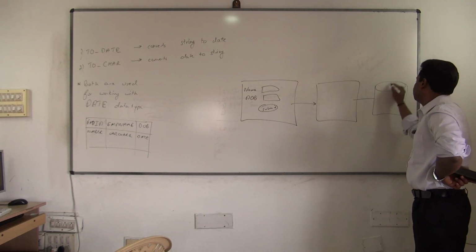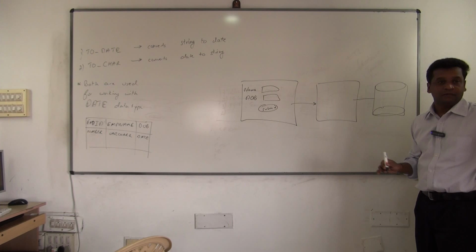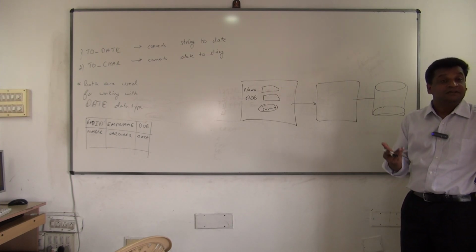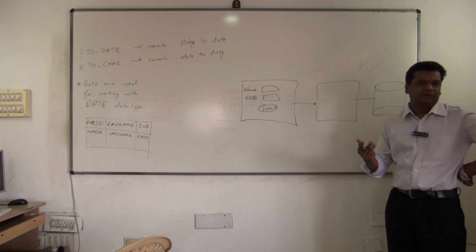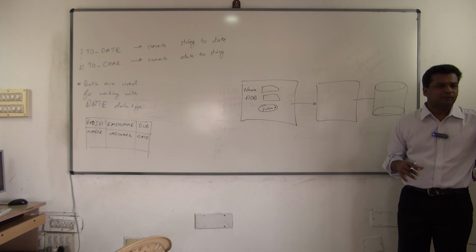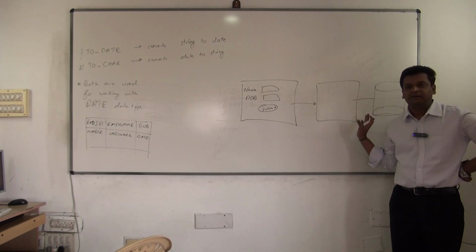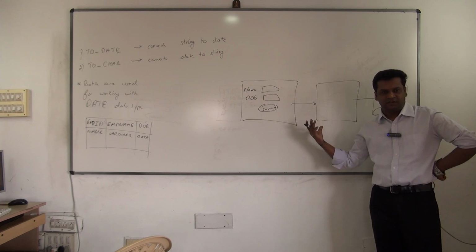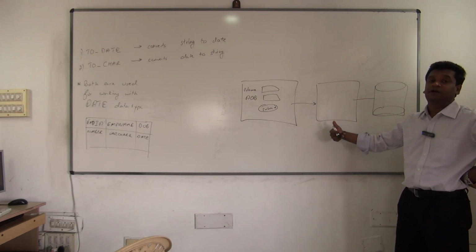You have to store it into the database. Yes or no? So when the values enter your application, it always enters in what format? String format. Whenever the values come into your application, they come in the form of string. Okay, from practical point of view. Right now I'll be teaching you only from the database point of view. But from practical point of view, this is what happens. It comes in the form of string. Now that string has to be converted into what?